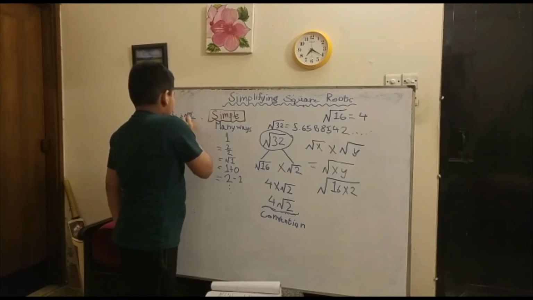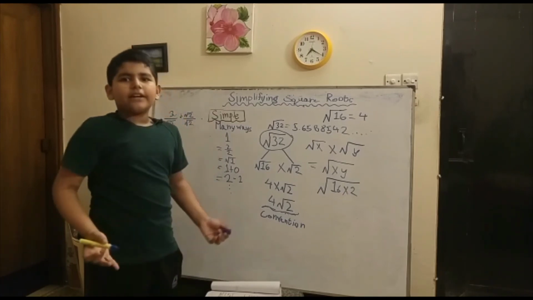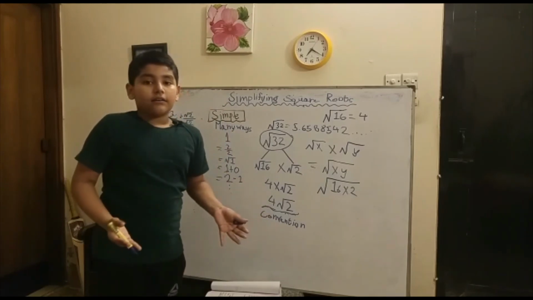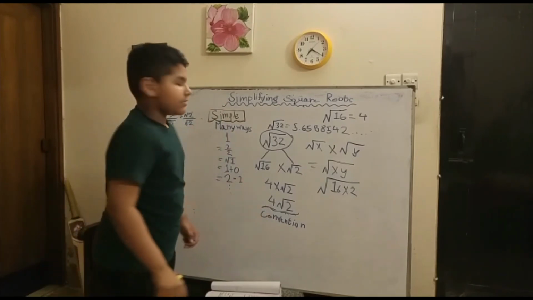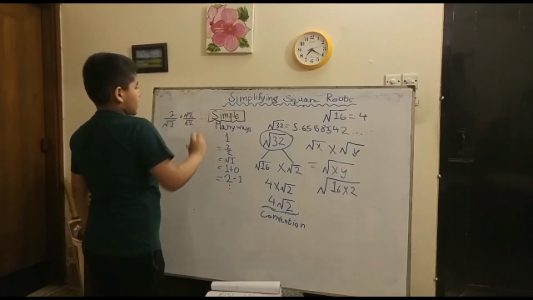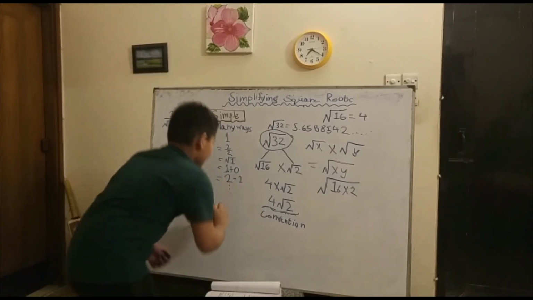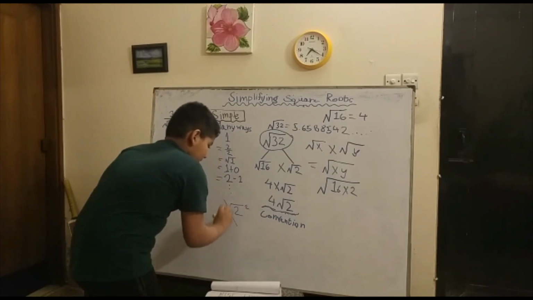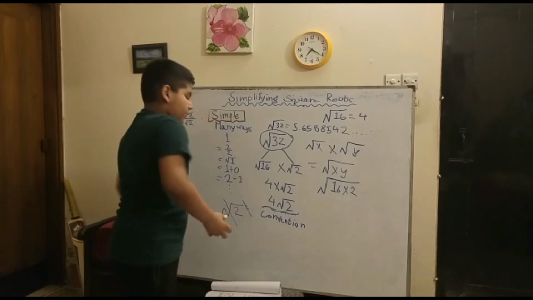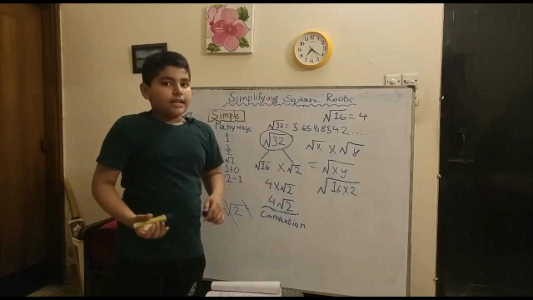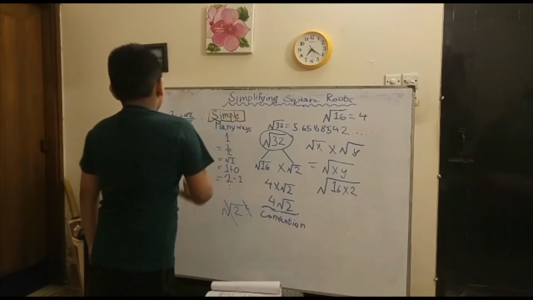Now you might be thinking, hey Uzair, you just cancel this and you go back. Well, there's another technique. In the denominator, it's square root of 2 times square root of 2, which is the same thing as square root of 2 squared. In the exponent and square root video, we saw that these cancel out.